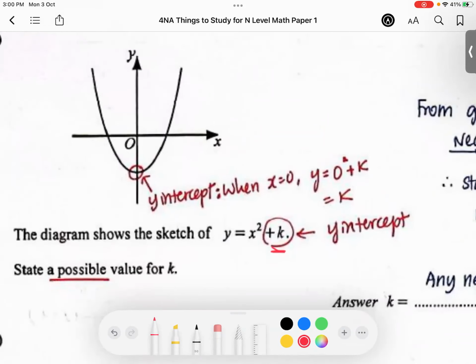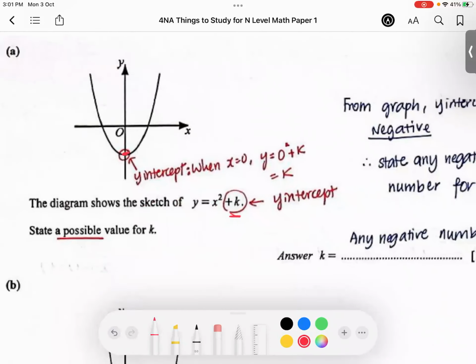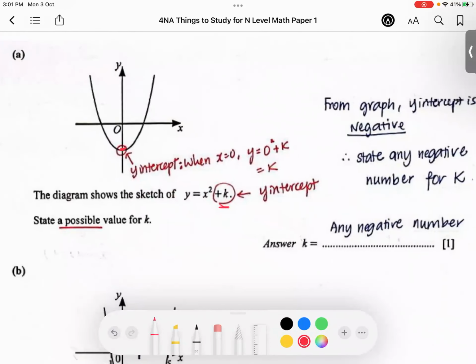So when x equals 0, it means it's the y-intercept, right? So this k, you notice, my y-intercept is down here at the bottom. So it's a negative number. What does this mean? This means you give me any negative number, also can pass. It doesn't need to be an integer, can be decimal, can be fraction, whichever, as long as you give me a negative number. So they are only testing you for the concept, no fixed answer.